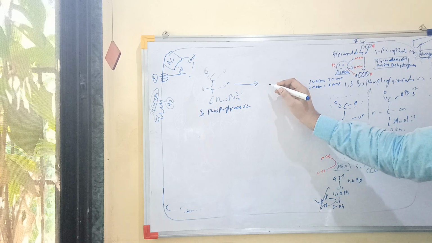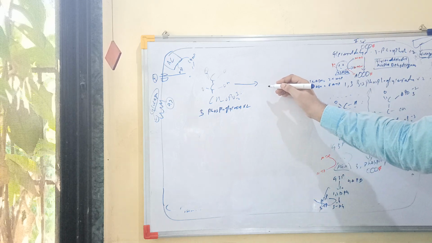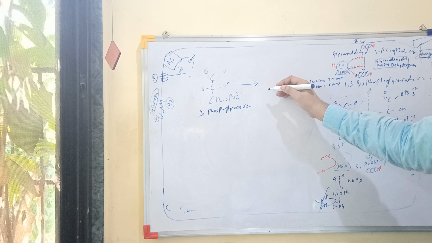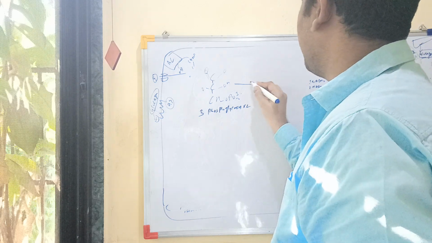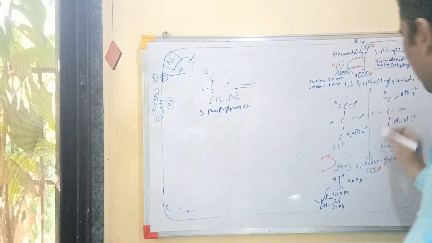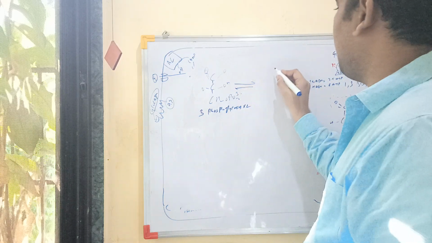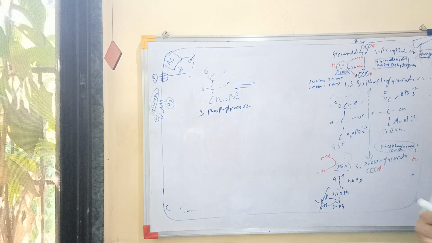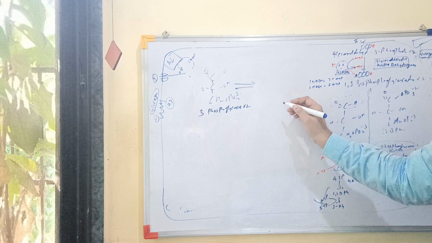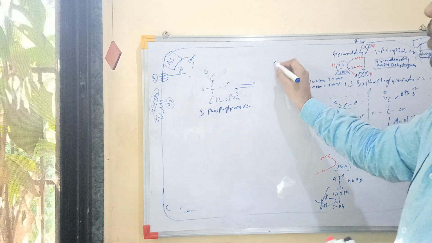will be converted into another molecule which is just a kind of isomer. And this is again a reversible step. Of course, this is also a reversible step. So now what we are doing, we are shifting the phosphate position to the second carbon.